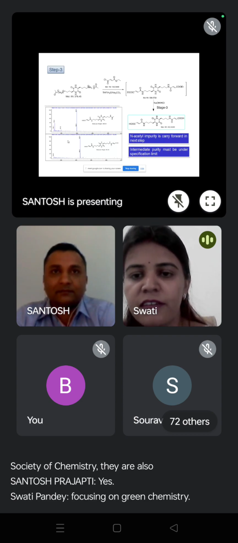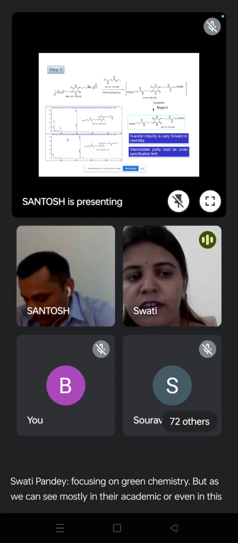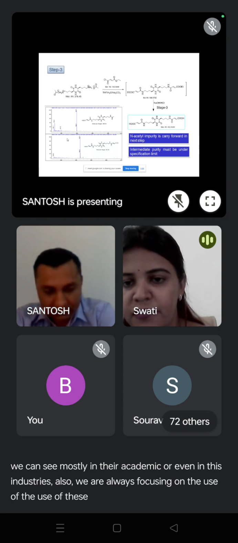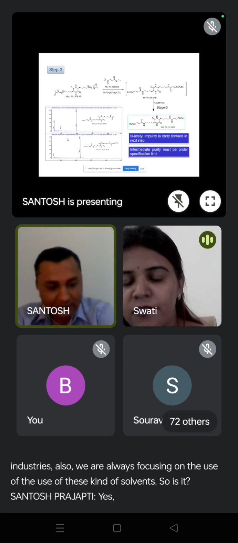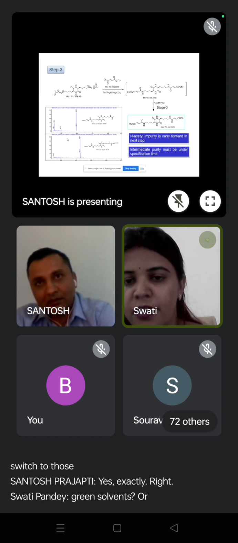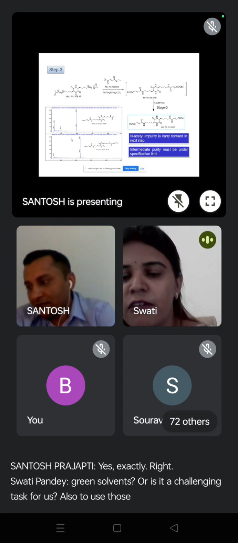But as we can see, mostly in academia and even in industries, we are always focusing on the use of these kinds of solvents. So is it easy to switch to those green solvents, or is it a challenging task for us to use those green solvents?